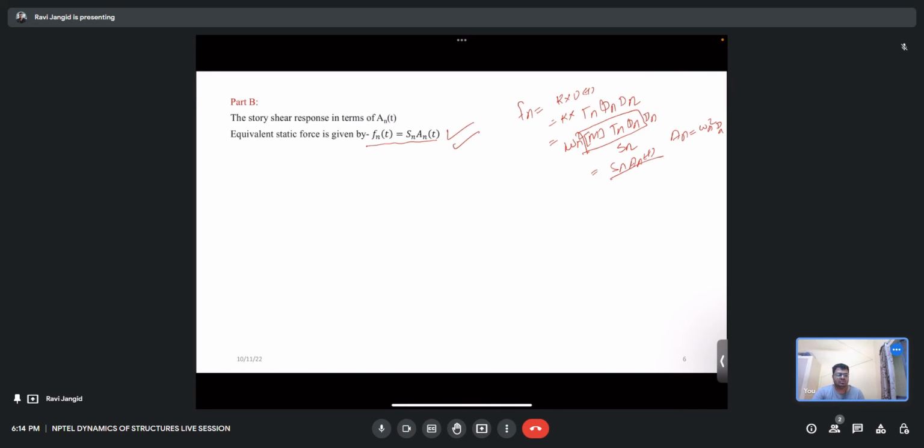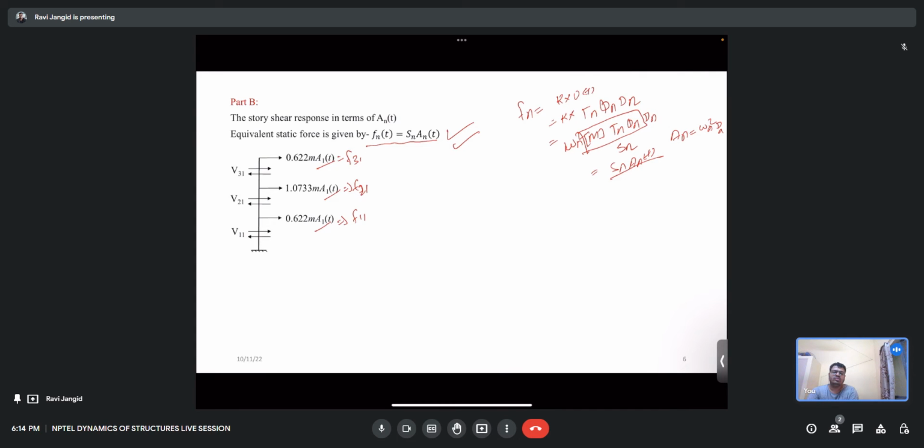Okay, fn(t). Now after getting fn(t), as I said earlier, if this is the modal mass expansion, multiply it for the first mode, A1(t), and so on. So these are the forces, and I can get the shear force corresponding to F31, F21, F11. Do you know how to calculate the shear?